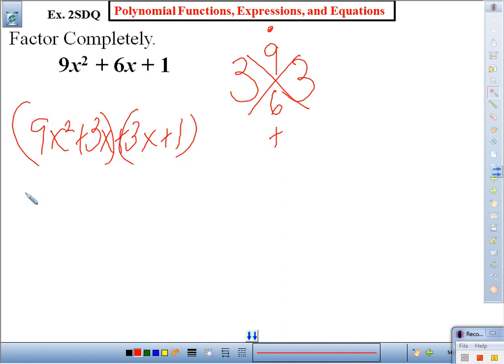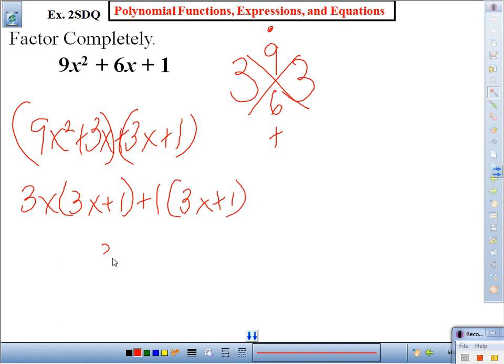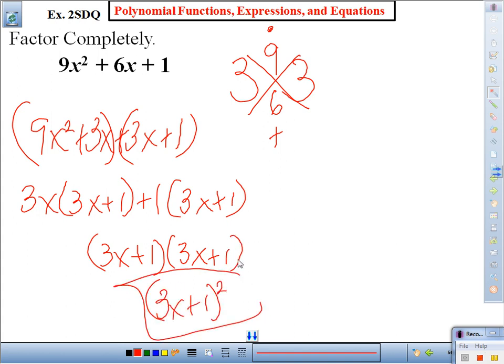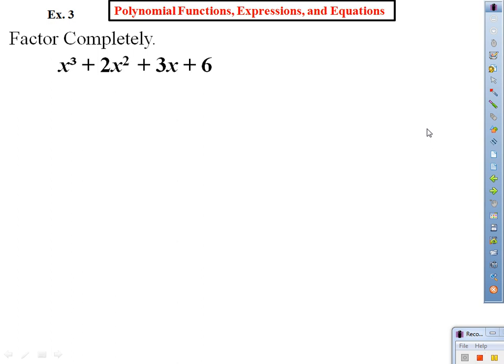Group, GCF is 3x, 3x plus 1. GCF for these two, 1, 3x plus 1. Factors are 3x plus 1 and 3x plus 1. What's another way of writing that? 3x plus 1 squared. We got this, yes? All right. Copy that one.